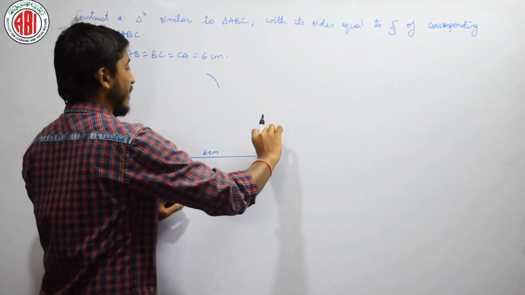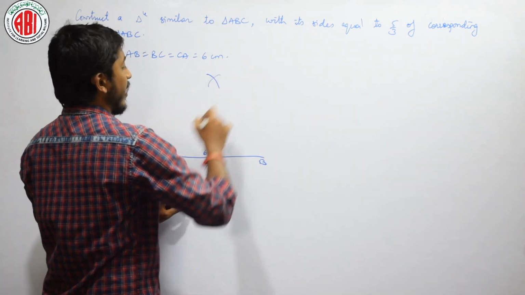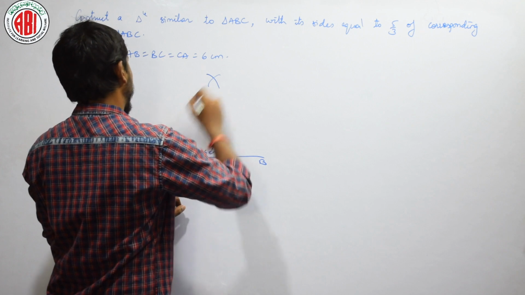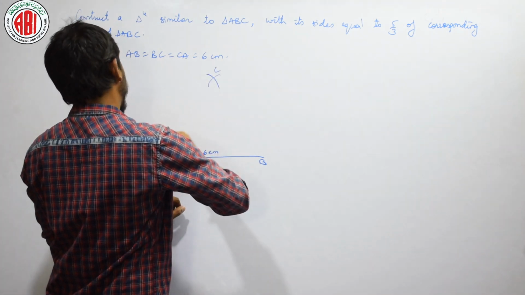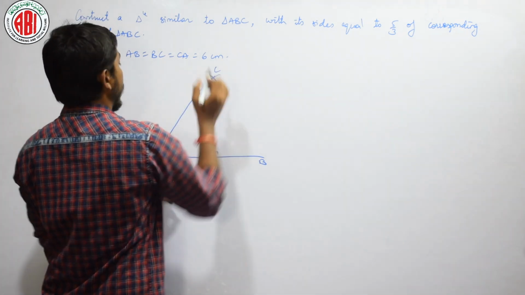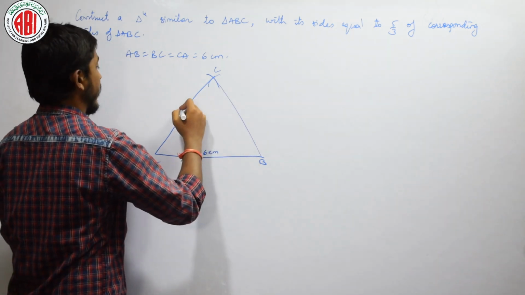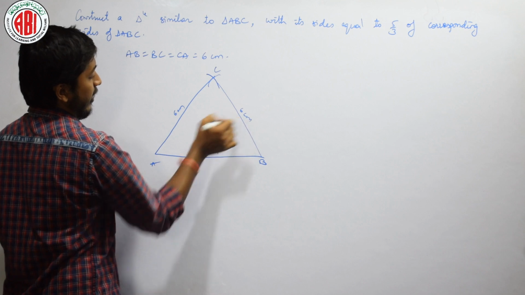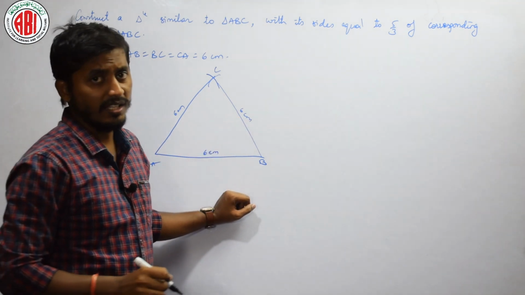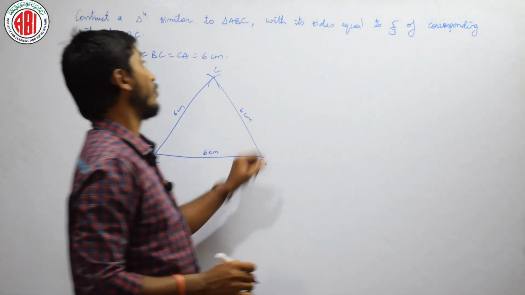Similarly, with B as center, I will cut this arc with a radius of 6 centimeters, so that this point will be C. The next step will be I will join AC and BC. This is also 6 centimeter, this is also 6 centimeter. Is it okay?